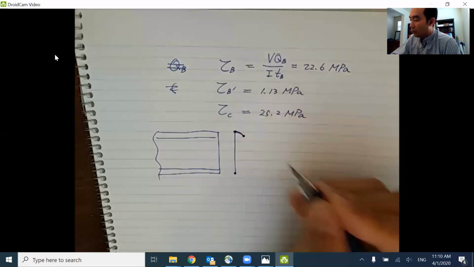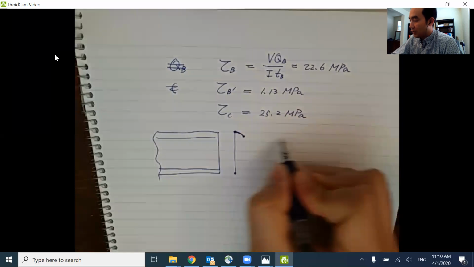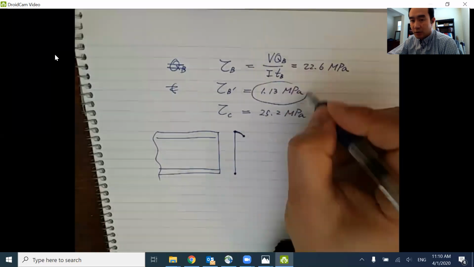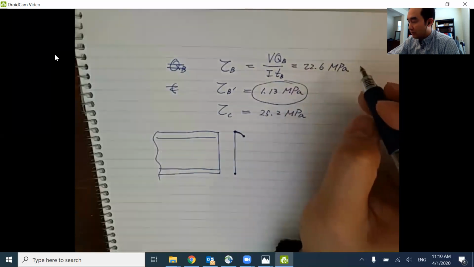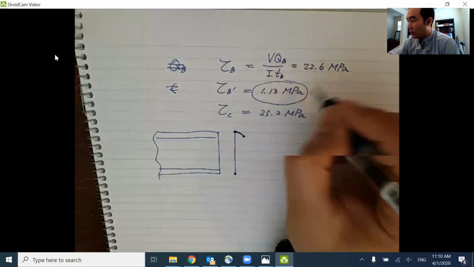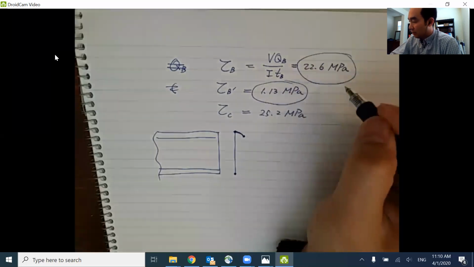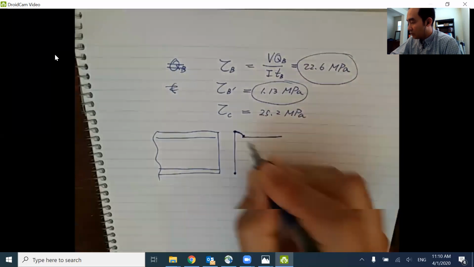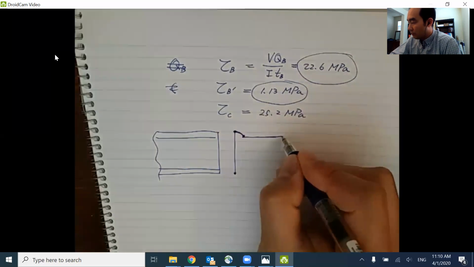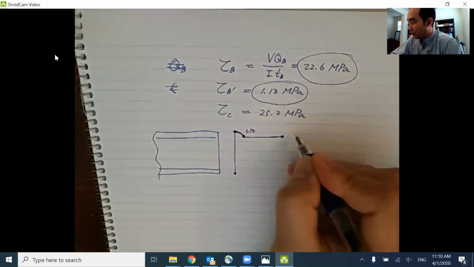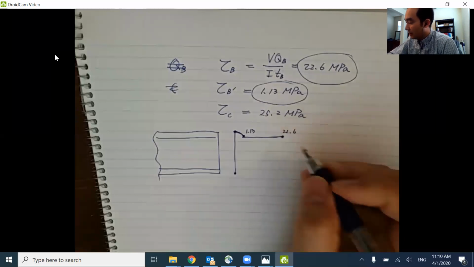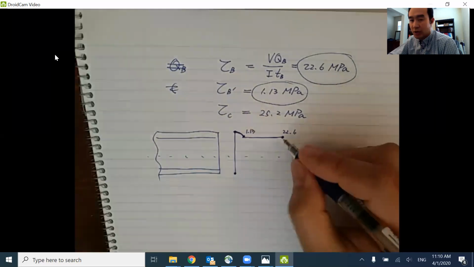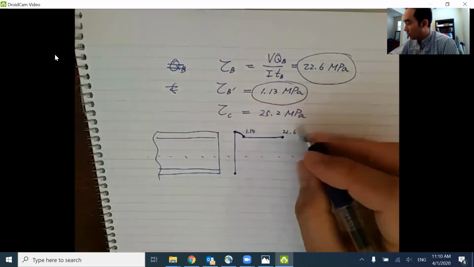And then here we have a jump in our shear stress, because at exactly the same point we have a difference in the shear stresses, from 1.13 megapascal to 22.6 megapascal. So there is a big jump from the bottom of the top flange to the top of the web portion. And then right in the middle is the point where we have the maximum shear stress, which is 25.2, somewhere here.